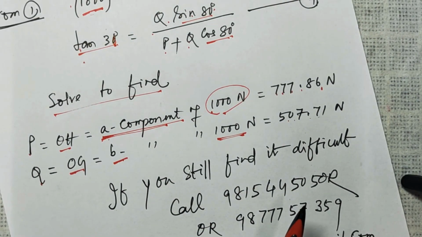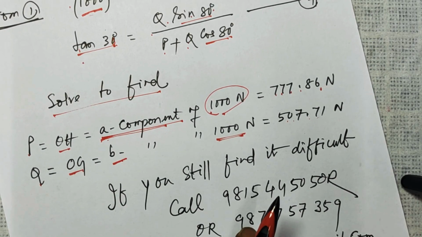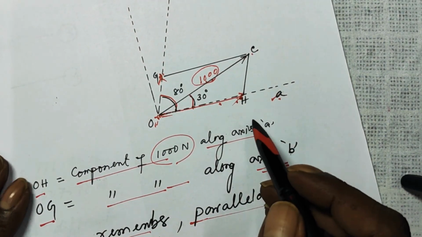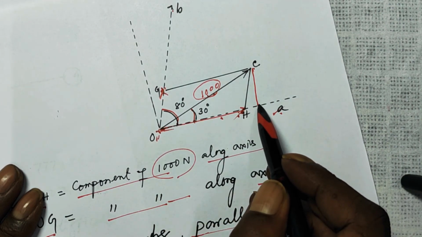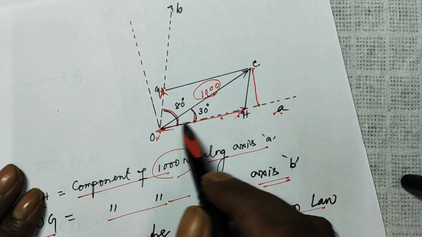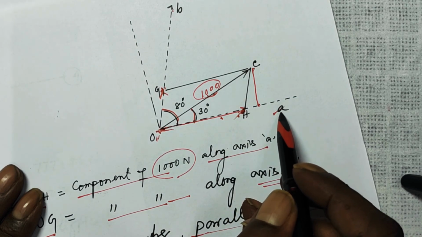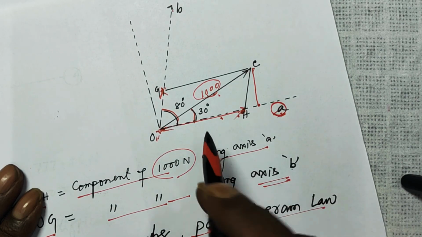So, as I explained here, if you drop a perpendicular from this point to this point, that is the x component. From this point to this point is your component of 1000 Newton along axis A.